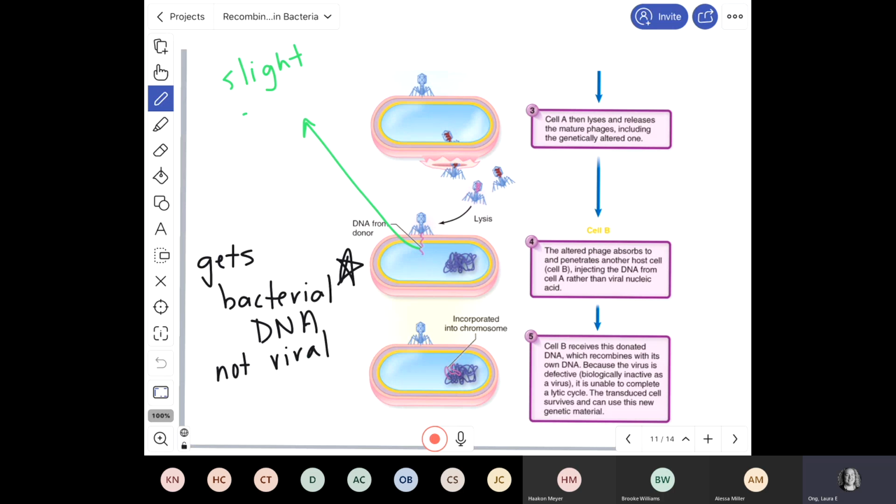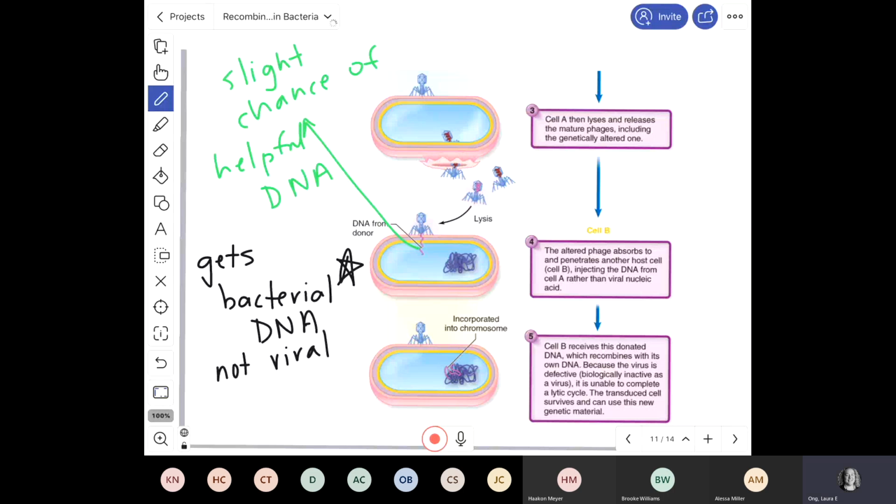There's a slight chance that that's a helpful DNA. It's like someone brought a paper to you out of my house, and it's probably garbage. But it could be something useful.